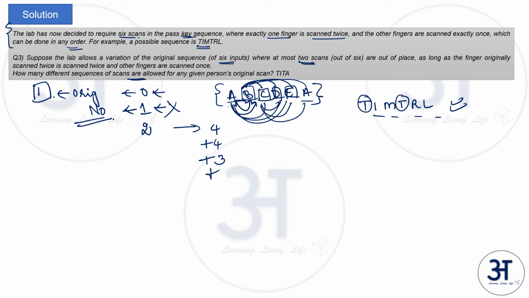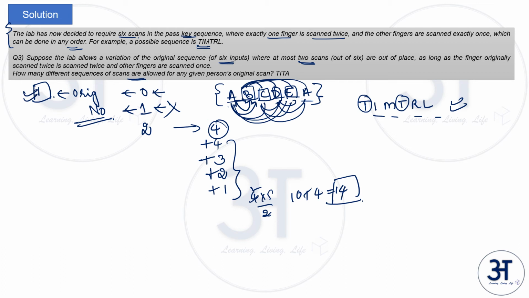And D can shift with E, A: 2. And E can shift with A: 1. So this is 4 into 5 by 2, 10, plus 4, 14, right? So you have 14, plus you also have the original sequence, 1, right? So the total answer is 14 plus 1 equals 15. So these many are allowed.